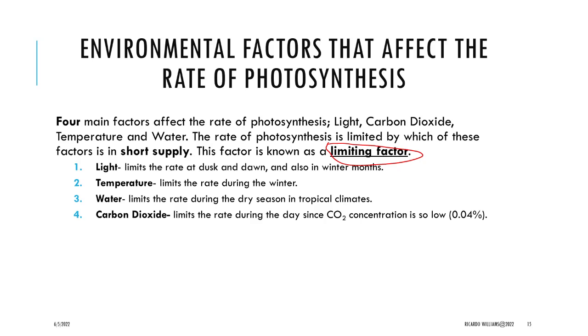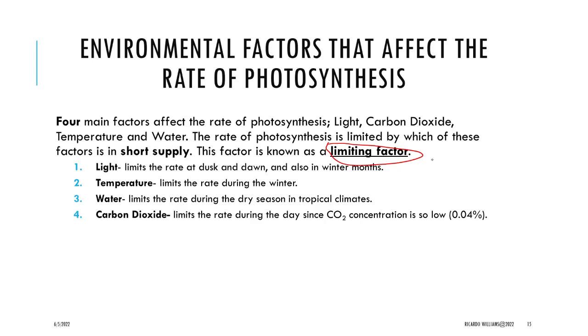Let us look at photosynthesis, the process. The process requires raw materials and it requires certain conditions. Now, anytime either a raw material or a condition is not optimum or not in good supply, then the process will slow up or eventually stop.